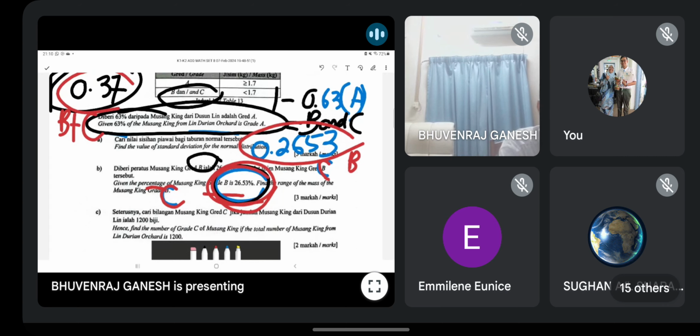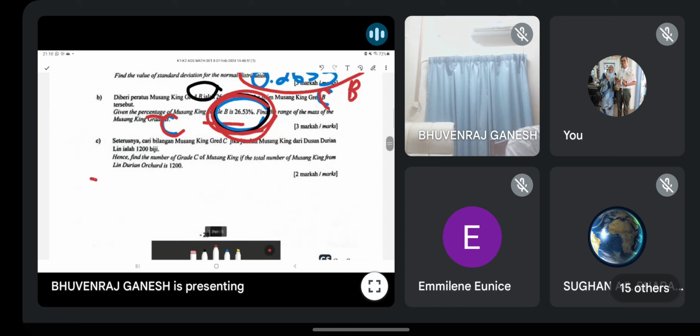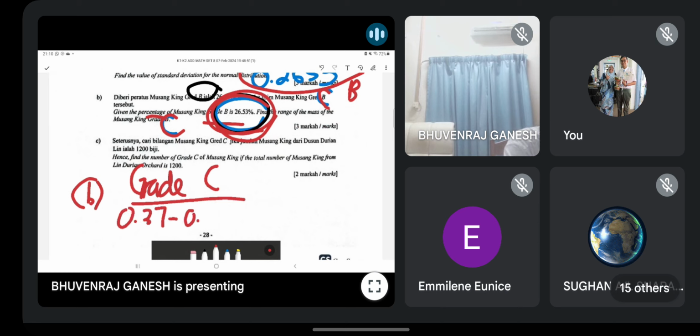Find the range of mass for grade C. Okay, for soalan B, we are finding grade C, not grade B. I think there is an error. So you just take 0.37 minus 0.2653, you get the probability for grade C, 0.1047.